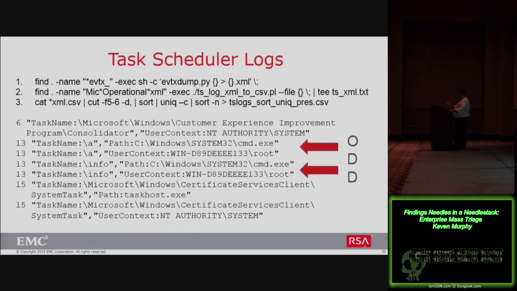So once I've dumped those out into a CSV file, I'm going to set it up for frequency analysis again, and then start combing through that. As you can see here, the arrows pointing to the left are just odd names, odd paths, and things of that nature. So these are going to be things I want to take a look at.